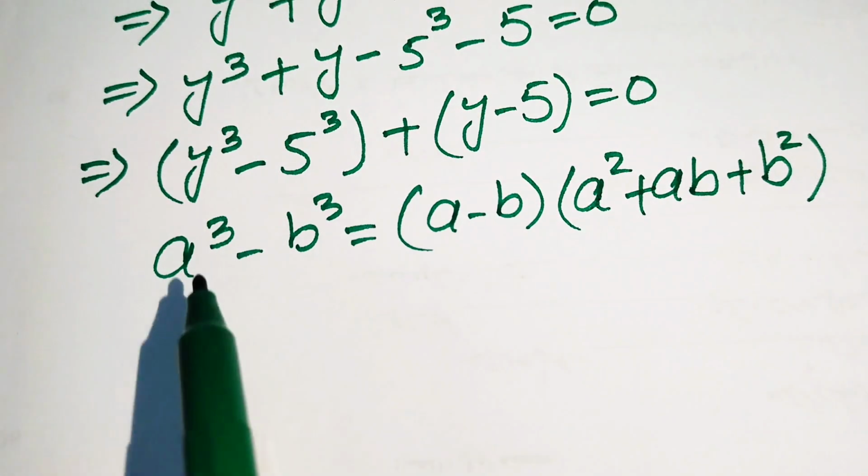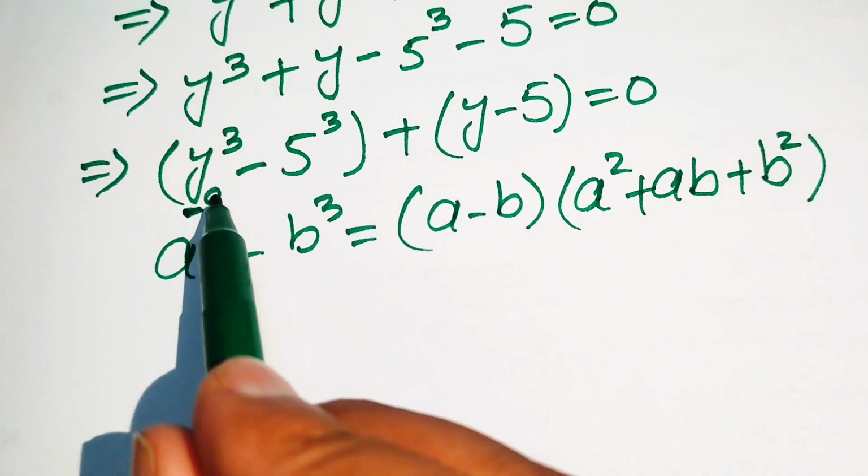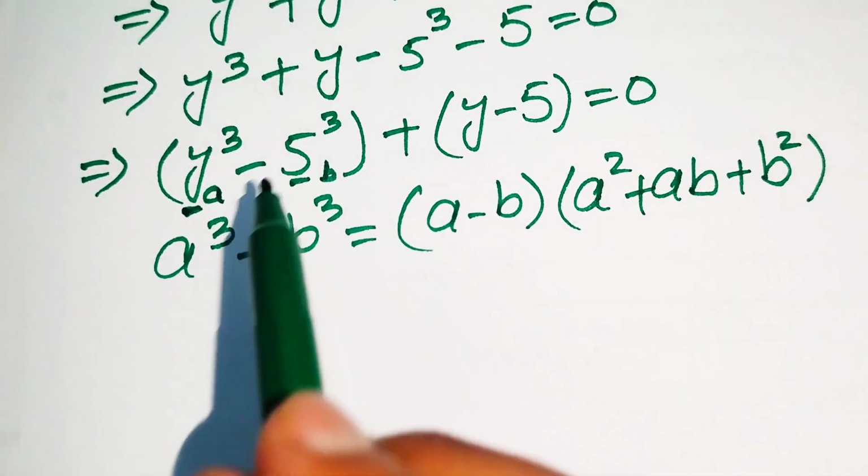We use this formula on this factor only. Here you see that the value of a is y and the value of b is 5.